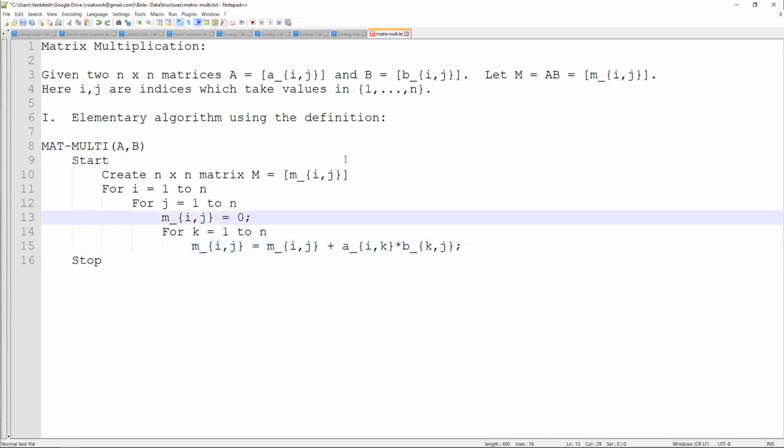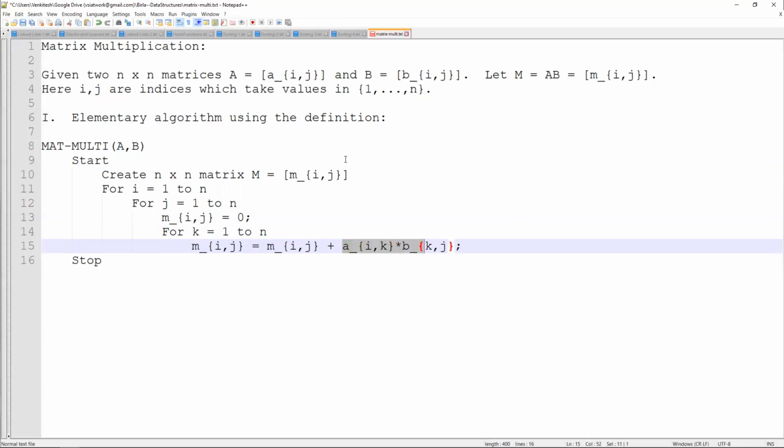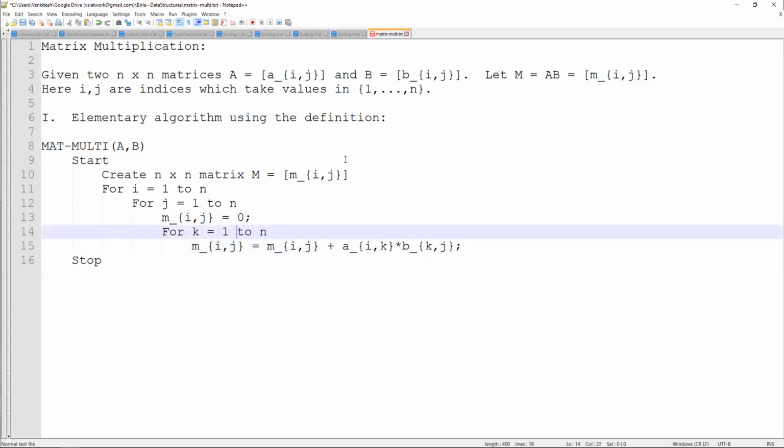Right? Initially Mij starts with the value 0. Then as k ranges from 1 to n, you keep on forming these products Aik times Bkj and adding them to Mij again and again. So at the end, when k has run through 1 to n, the variable Mij has the value of the full sum, all possible terms Aik times Bkj as k varies.